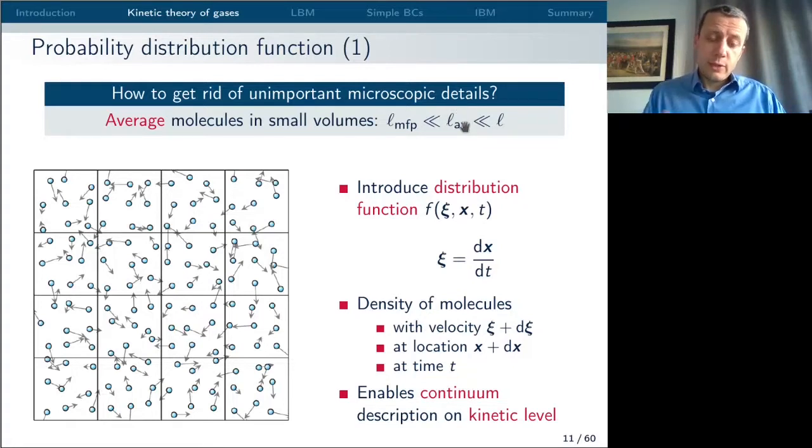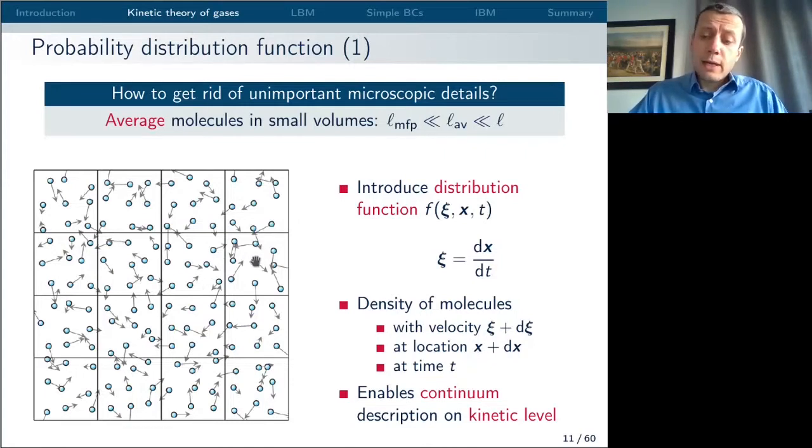So you can discretize your entire system into a number of boxes, but within each of these boxes you have many molecules, right? Then you can say, I don't really know and I don't really want to know what each molecule is doing in each of these boxes. As an example, we have 4 by 4 of these boxes, and each box has on average 9 molecules.